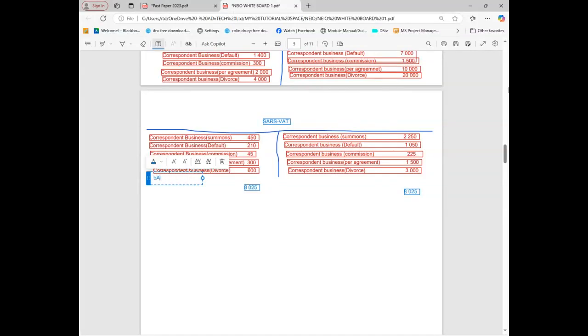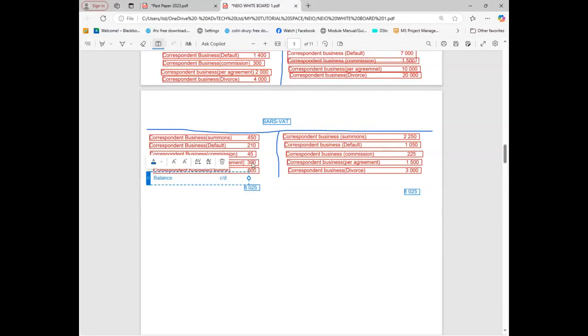No, sorry. Balance carried down is going to be 1605. Yes. How did you do that? You said you took the 8025 and minus all the figures here.